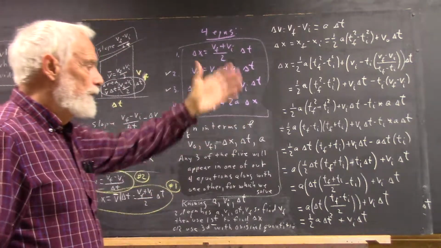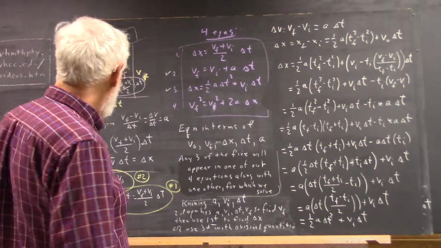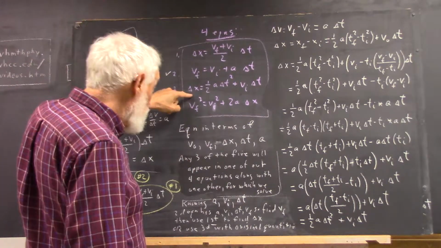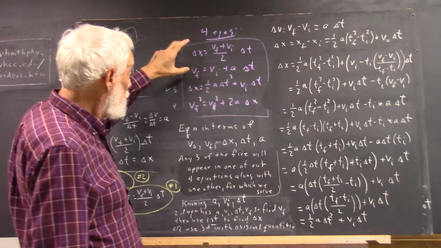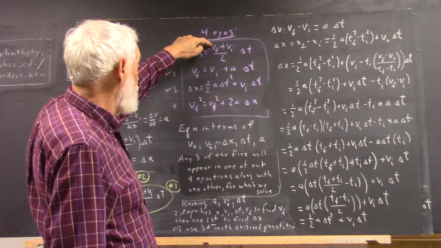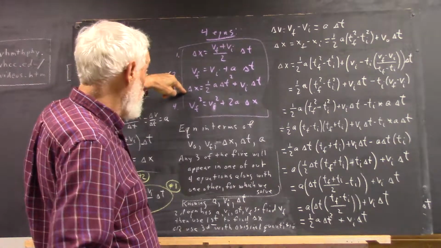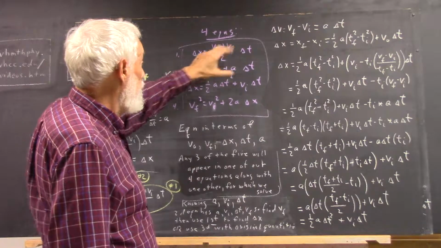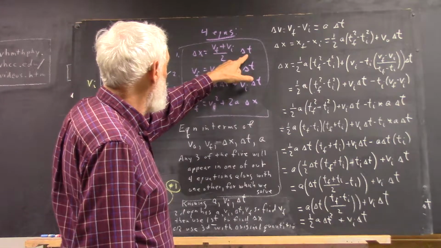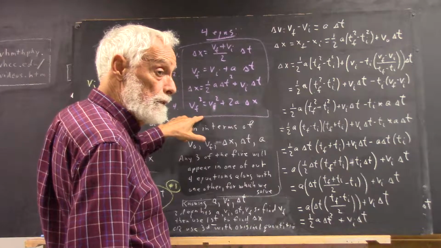So, whereas with the other derivation we obtained these two equations, with this derivation we obtained these two. And then this equation is easily obtained from these two by eliminating what? Vf, okay? Plug Vf in here and simplify, you get this equation. And if you eliminate delta t between these two equations, solve this one for delta t, say, and plug the result in here and simplify it, you get this.